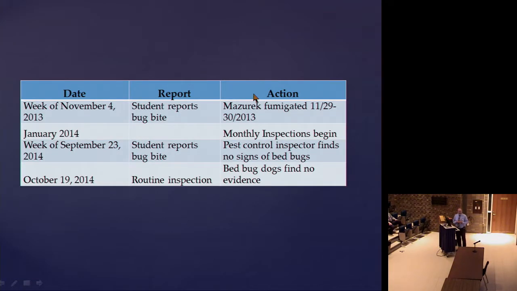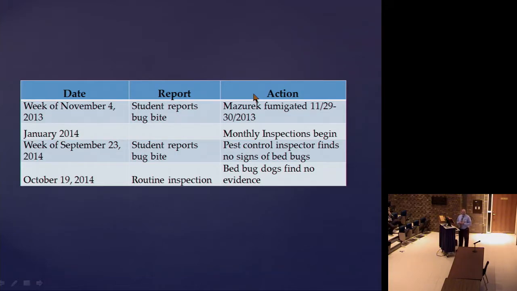In September, same year, a student again reported a bed bug bite, and so at that point, we had the inspector come in and they looked around in the area that it was specifically reported in. Then that weekend, we had the bed bug dogs in, and they combed the entire library.